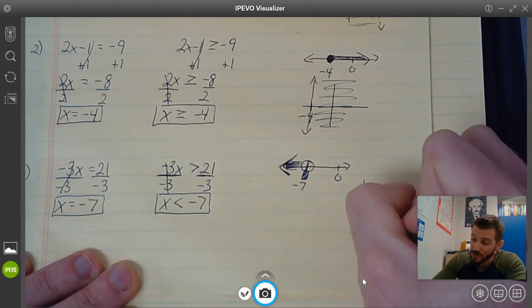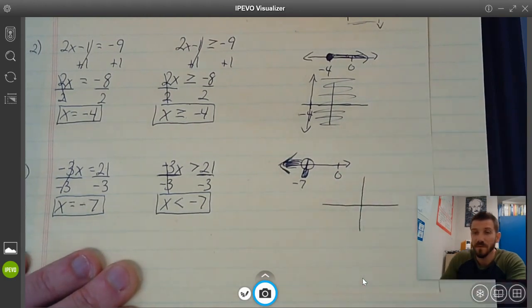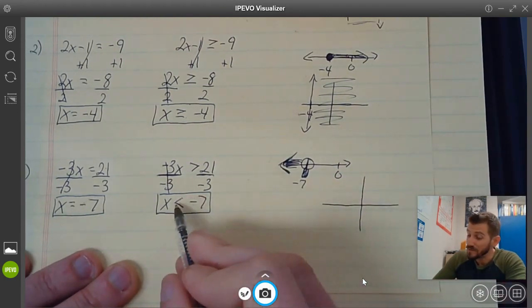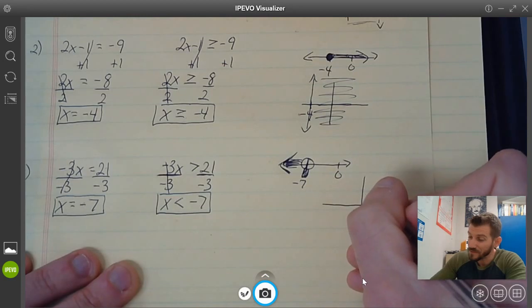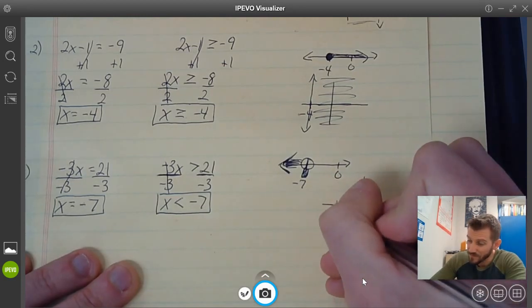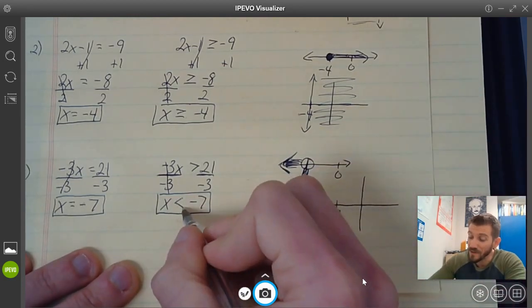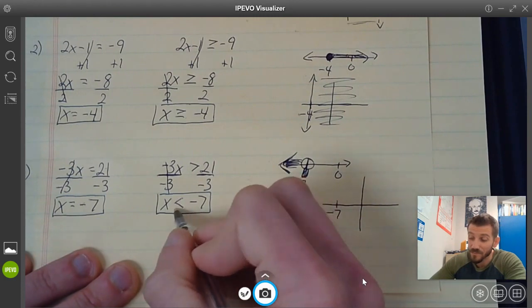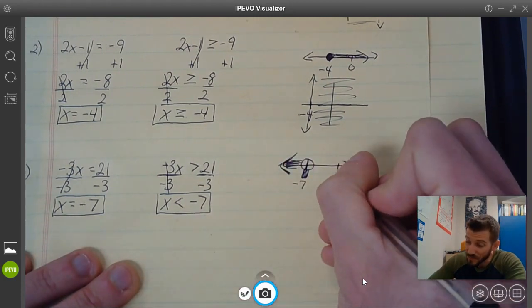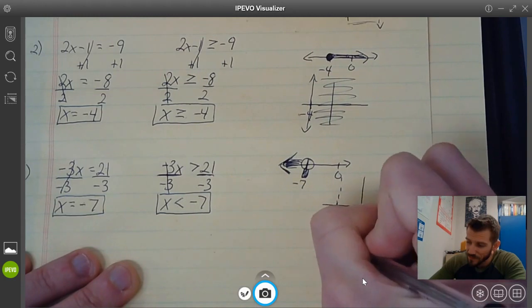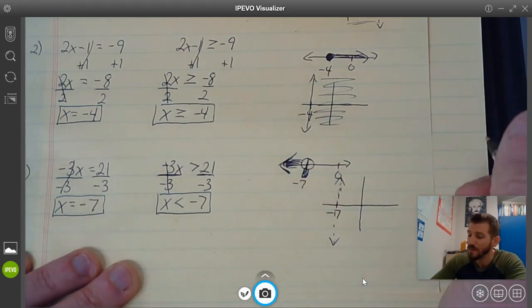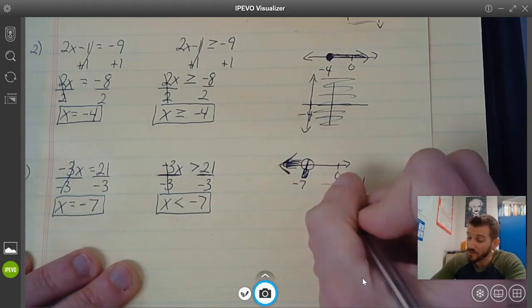On an XY chart, we would have x is less than negative 7. So x at negative 7, we would have a solid or dotted line. Well, it's not underlined, so it's going to be a dotted line on our graph, and it's still shaded to the left.